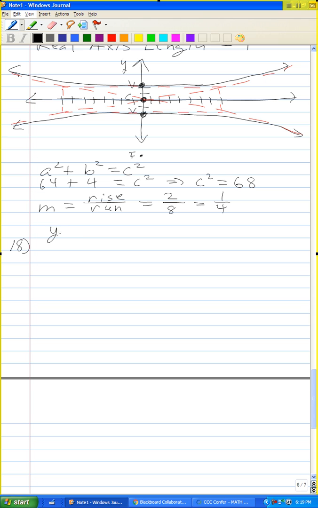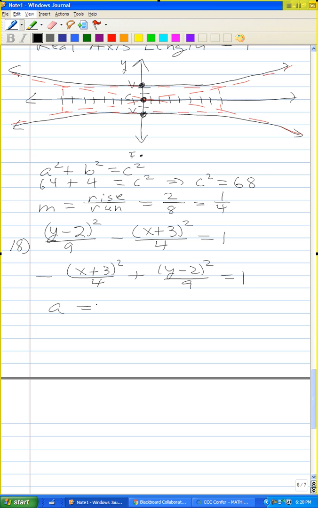Y minus 2 squared over 9 minus x plus 3 squared over 4 equals 1. Okay. So let's do this. So I have here, oh, and let me just write the x's first, I guess. X plus 3 squared over 4 plus y minus 2 squared over 9 equals 1.